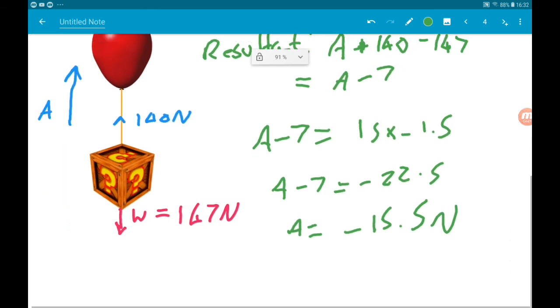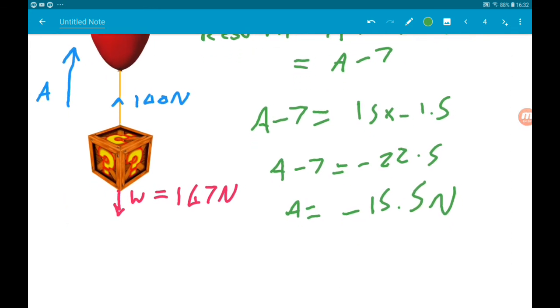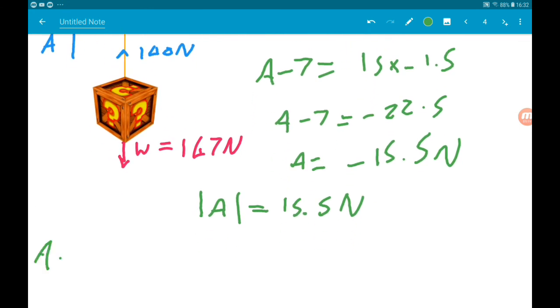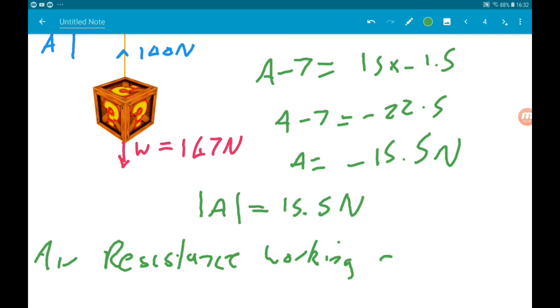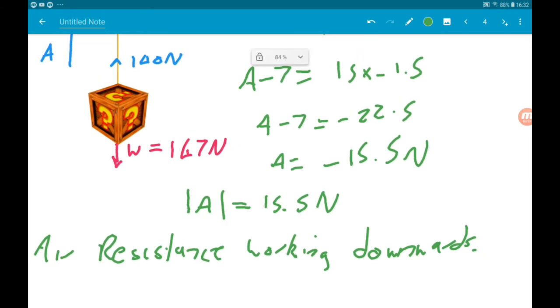Now the question wanted the magnitude, so the magnitude of A is 15.5 newtons. Now A is working downwards, so that means the box is moving upwards.